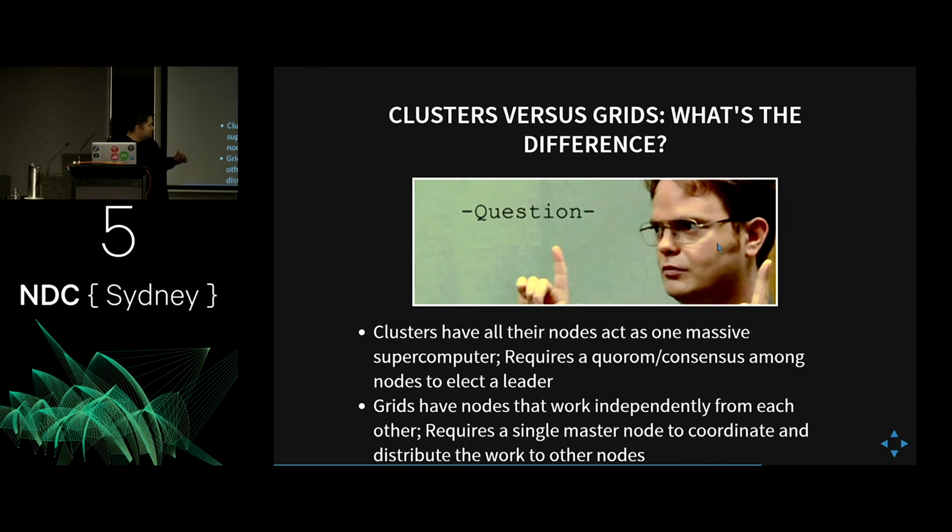Now, from an academic standpoint, you might be asking, so what's the difference between clusters and grids? It's actually quite simple. I don't have to go through this list, but what it comes down to is that clusters require consensus. When things go bad inside of a cluster, all the nodes basically say, are you okay? Are you okay? What happened to this? Node A, what happened to node B?